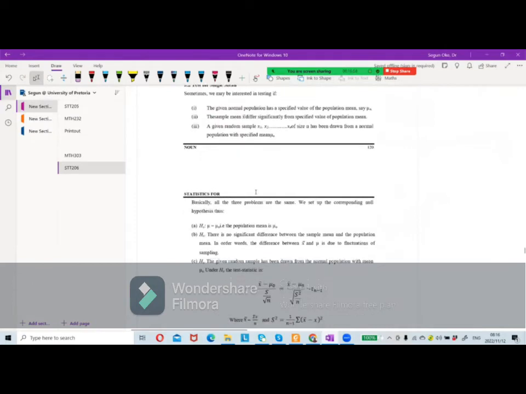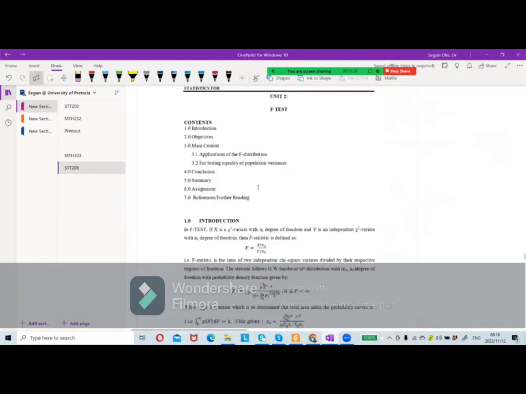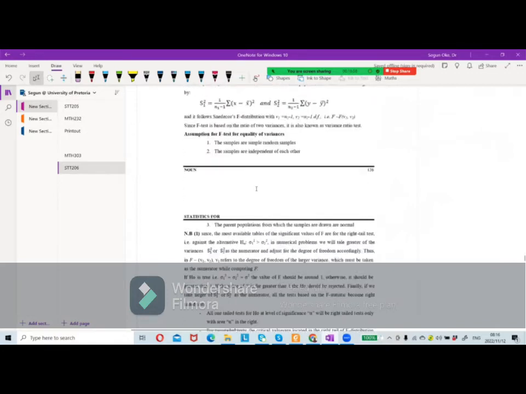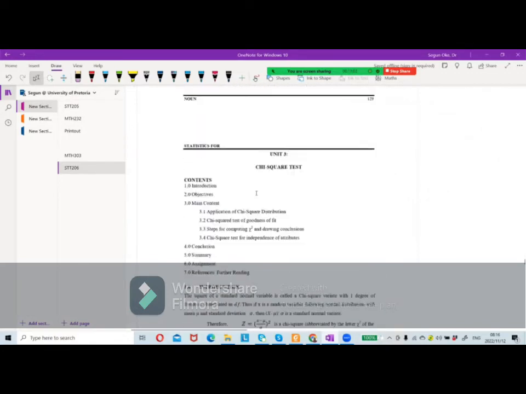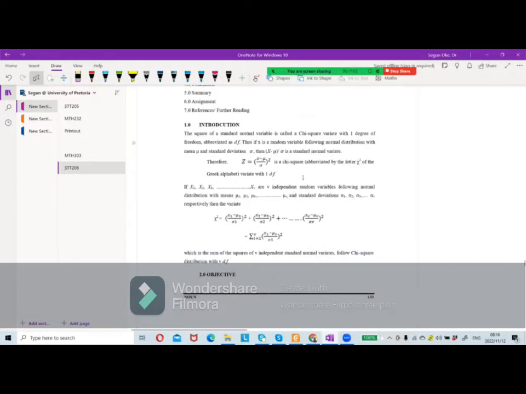So this is hypothesis. This is the estimate part of F-test. We've done all those things. Okay, if you look at this chi-squared, we have what we call degree of freedom. Under the chi-squared, we have Z alpha over 2 degree of freedom.